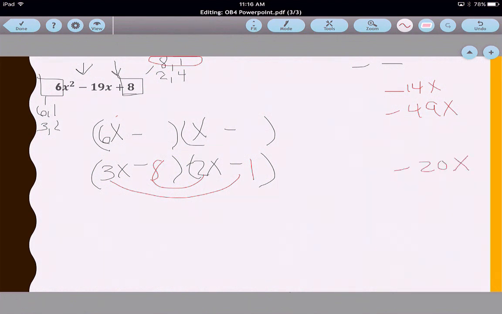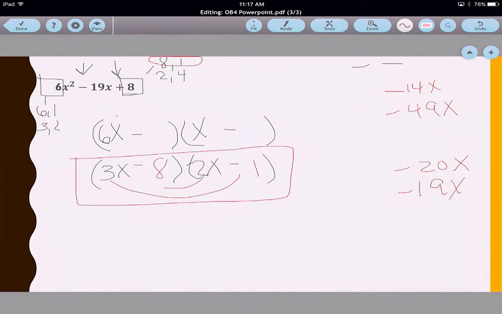If I switched the positions, I would have an 8 here and a 1 here. That's going to give me negative 16x and a negative 3x, which is going to give me a negative 19x, which is the factors that we need.